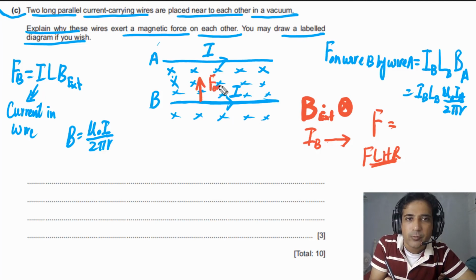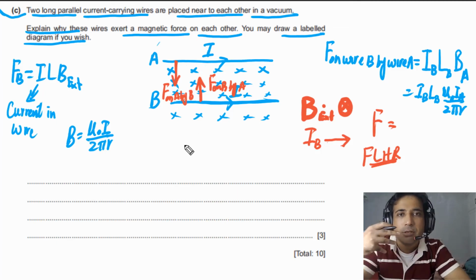So this is the force on B by A, and there will be a force on wire A as well, action and reaction forces. That will be pointing down, meaning these two wires will attract each other. So we can say the force on A by B will be pointing down. So this is what you need to understand.